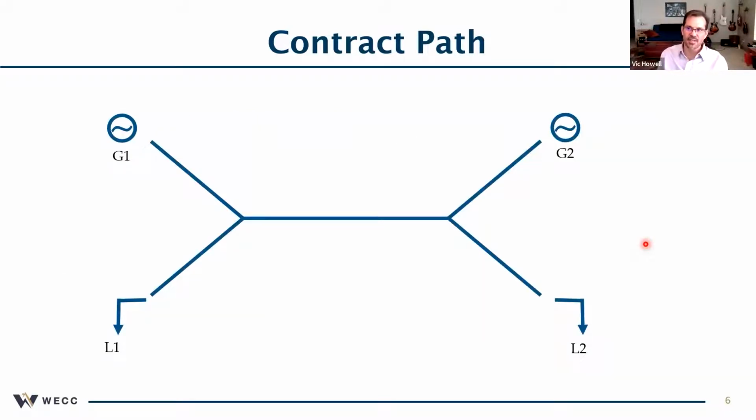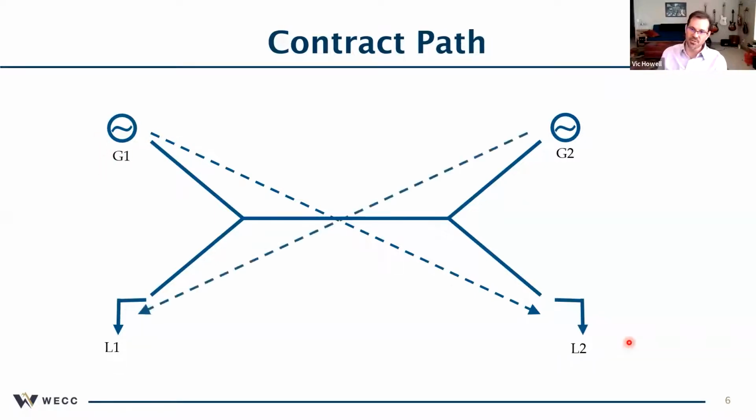Here's another short, high level example involving two generators, G1 and G2, and this is a transmission network, and then you have two loads. Let's say that there is a contract path going from generator 1 to L2.